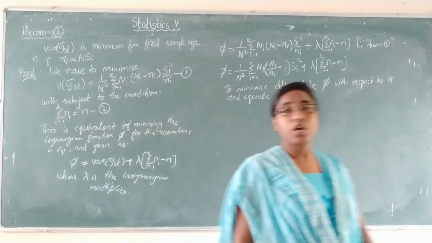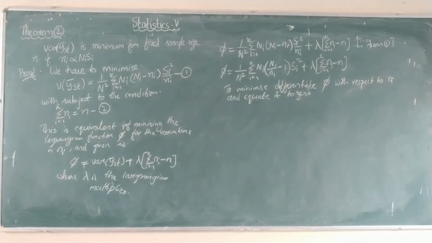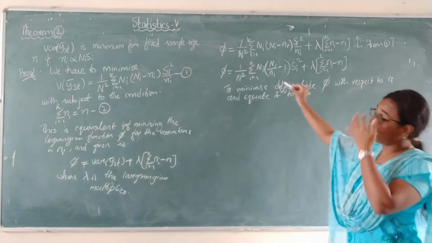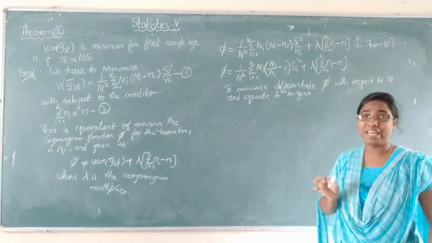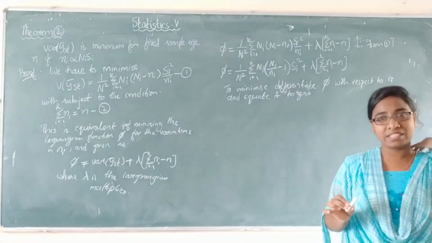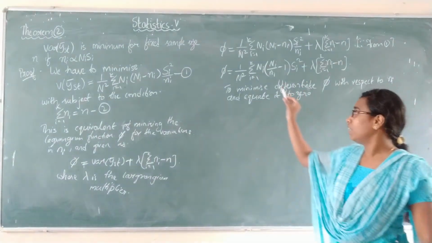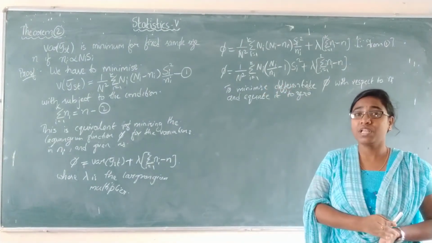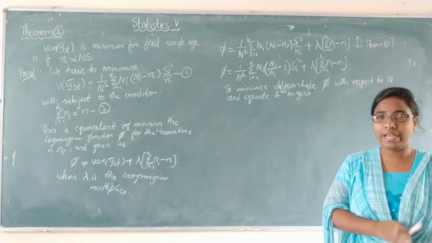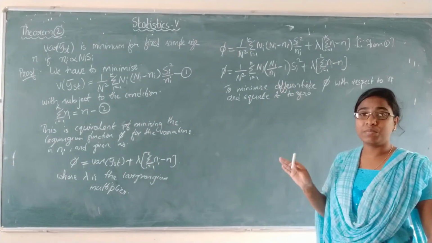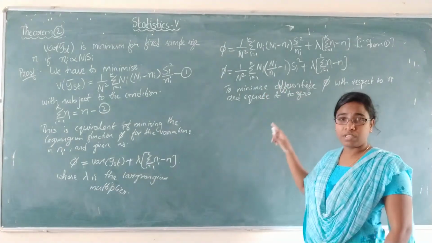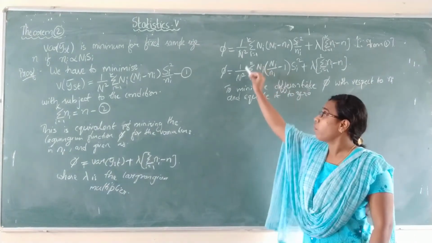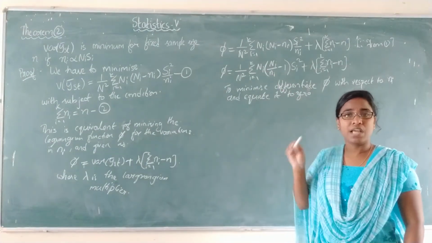Now we will see the differentiation. We will be doing it only with respect to ni, that is the ith sample size. So all the different summation values will be avoided or taken as 0. Only the ith term is taken, so while doing the differentiation we will not consider the summation.